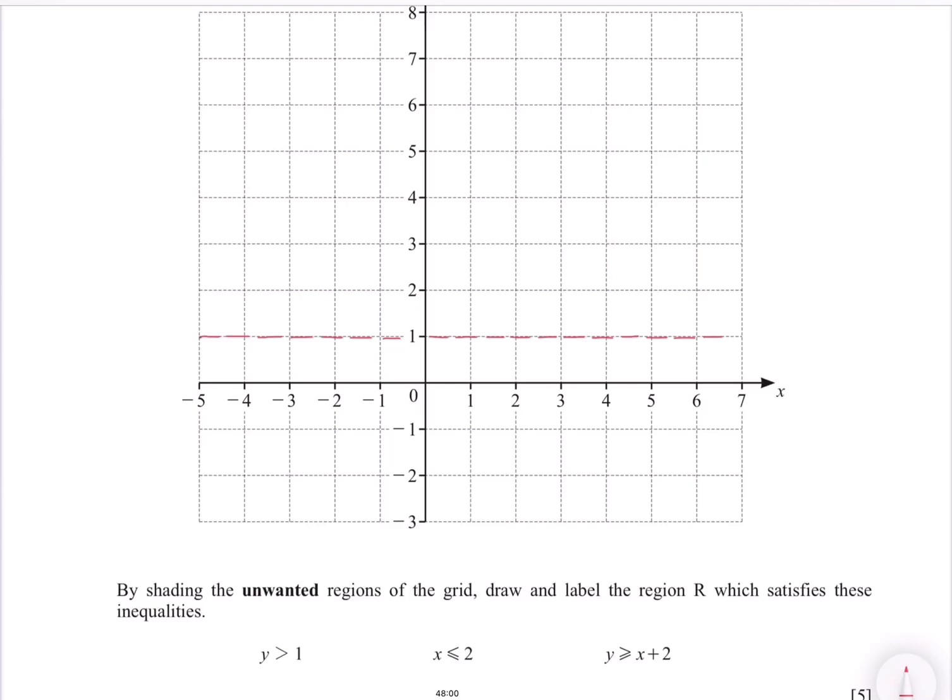The inequality is satisfied by the upper side of this dotted line, where the values of y are increasing: 2, 3, 4, 5, 6, 7. This whole side is satisfied by this inequality. Okay, x is less than or equal to 2. Less than or equal to 2 means it must be a solid line. You draw the line x equals 2 and it should be solid.